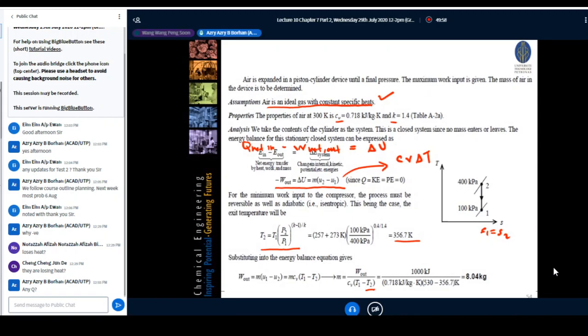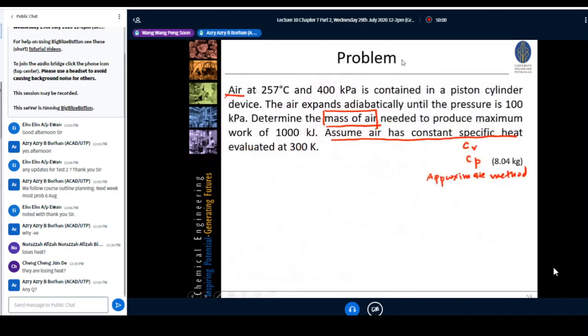Yes, depending on what the question wants. For example, let's say there's no assumption on this part. Let's say I remove this part, so that means you can solve this problem using any method that you want, whether the constant specific heat or the variable specific heat, it is up to you.